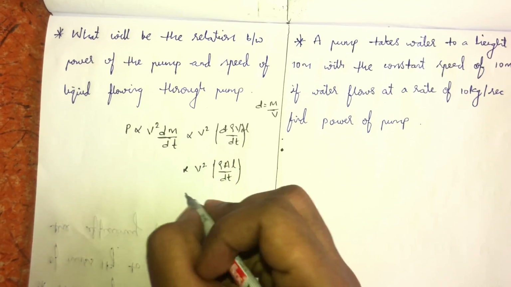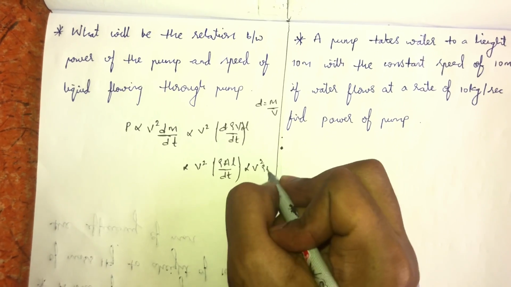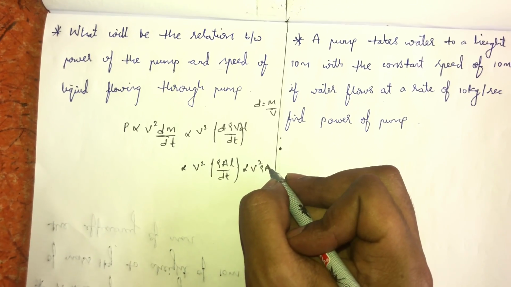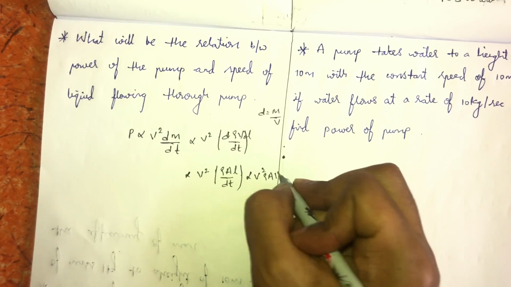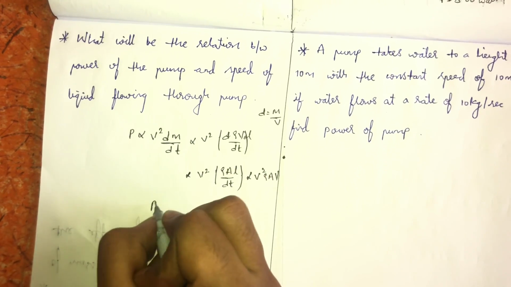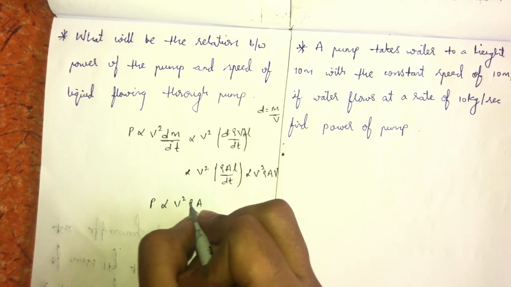that will be equal to V square, density into area, displacement per time will be equal to velocity. So power is directly proportional to V cube, density into area.